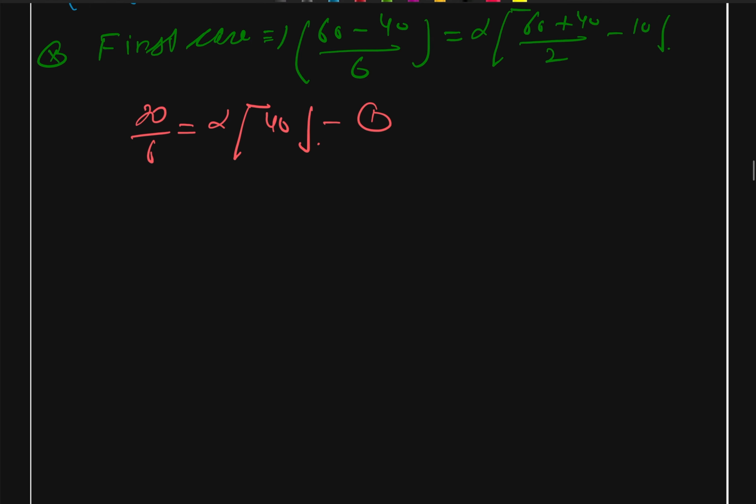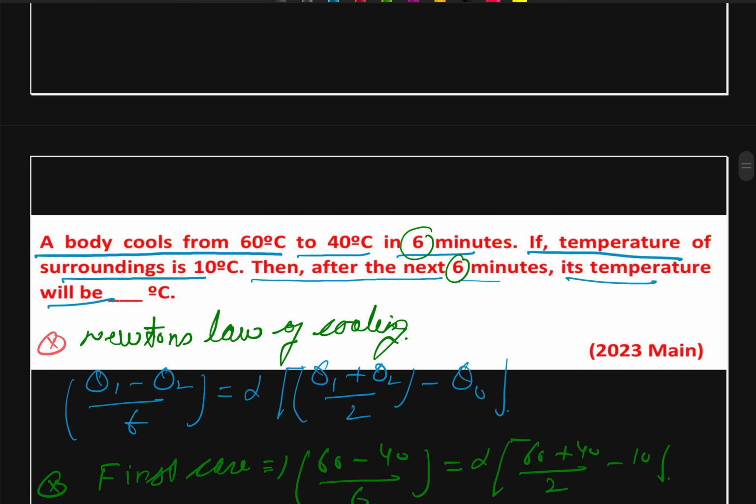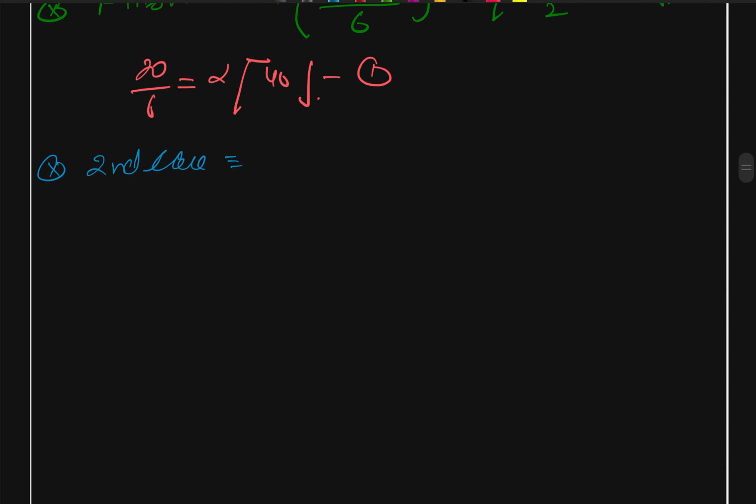We can find out the ratio, and then we have a second case. The body cools from 40 to T. It will be 40 minus T divided by 6, and we get this as alpha times 40 plus T divided by 2 minus the surrounding 10.